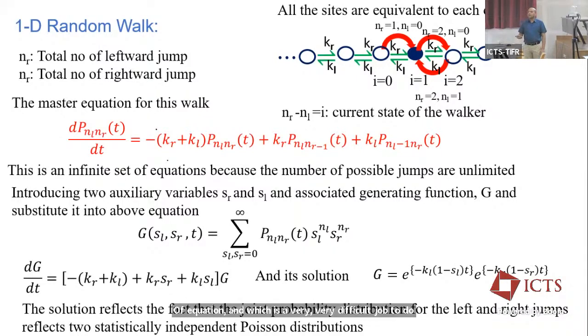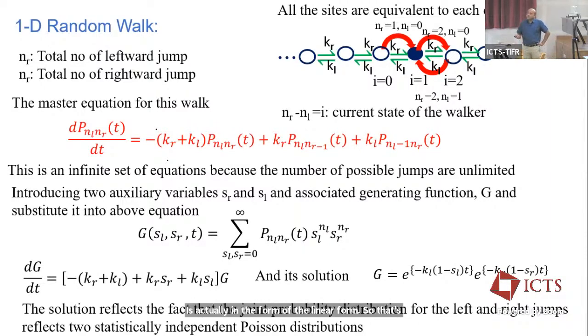In another way, this kind of jump we can write in terms of the generating function method. And we can use this method basically because the equation is in linear form.